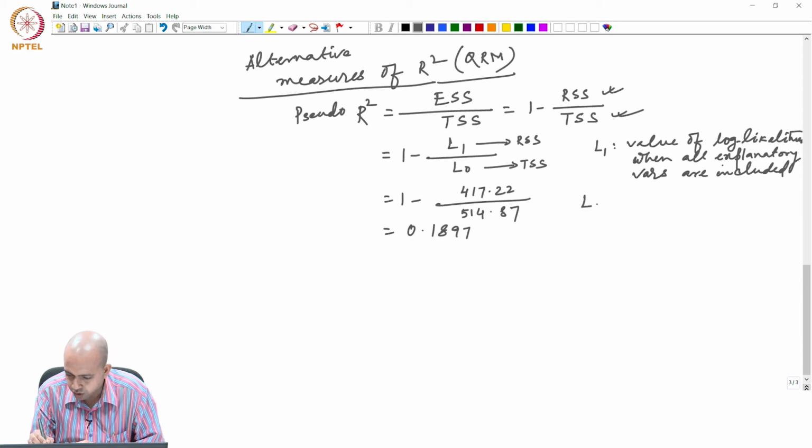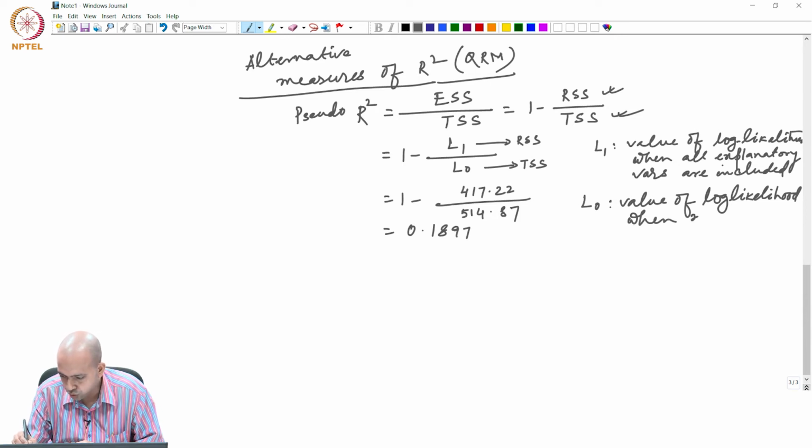and L0 is the value of log likelihood when no explanatory variables are included in the model.